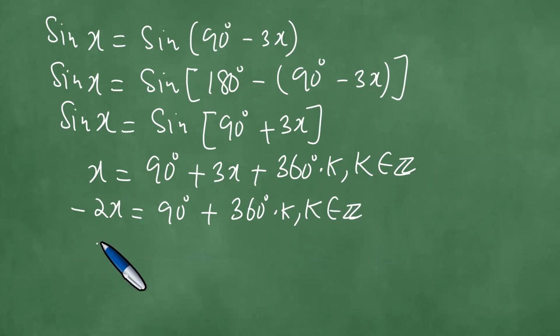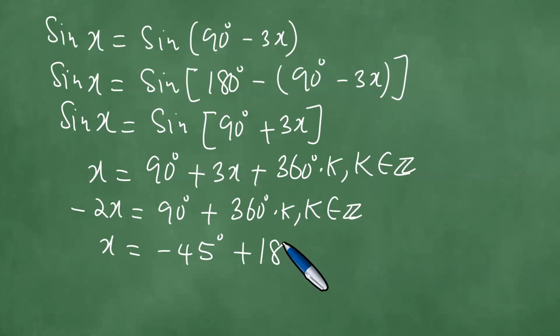Dividing both left and right by -2 gives us minus 45 degrees. You can maintain this as plus when dividing 360 by -2, because it's multiplied by integers which take plus or minus. So it's 180 degrees by k, where k is an element of z.